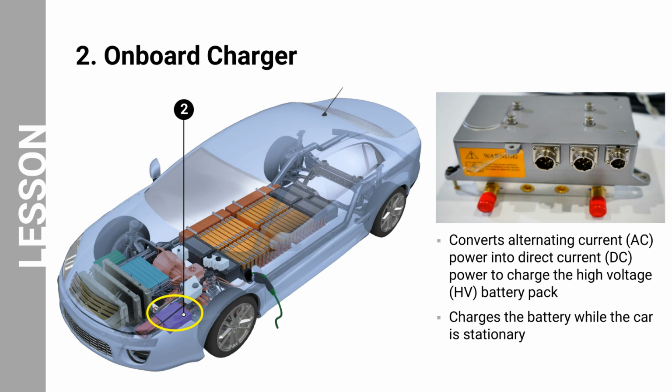Some BEVs may have larger onboard chargers that can handle faster charging speeds, while others may have smaller chargers designed for slower charging. Note that the onboard charger is distinct from the external charging station or wall charger. The charger within the vehicle is responsible for converting the AC power from the external source into DC power to charge the battery, while the charging station or wall charger is the device that supplies the AC power to the onboard charger.